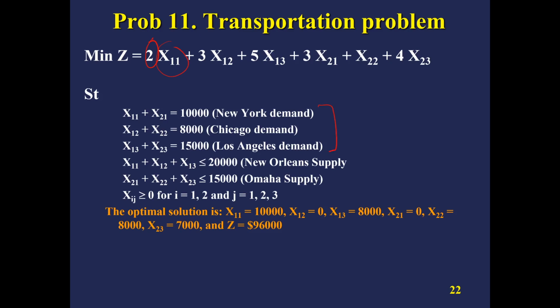As I said earlier, the supply is more than the demand, that's why we are using less than or equal to here. And this is the total supply coming from New Orleans and Omaha, 15,000.